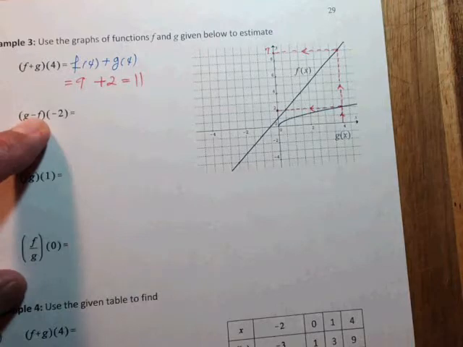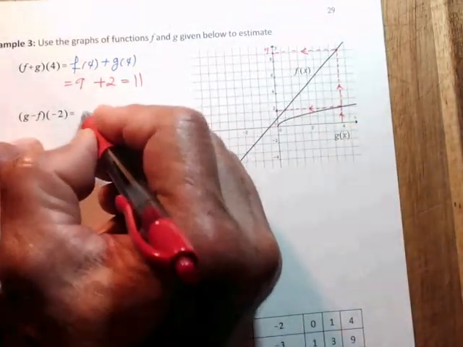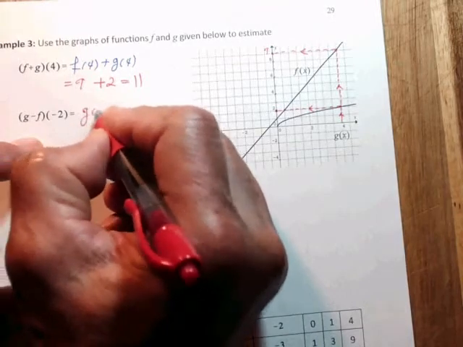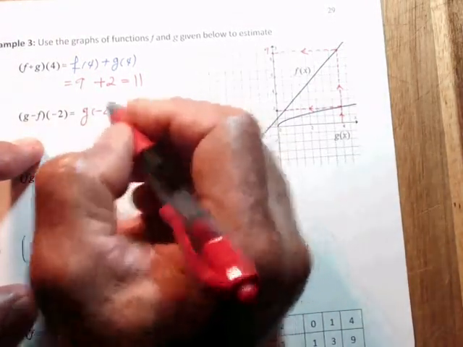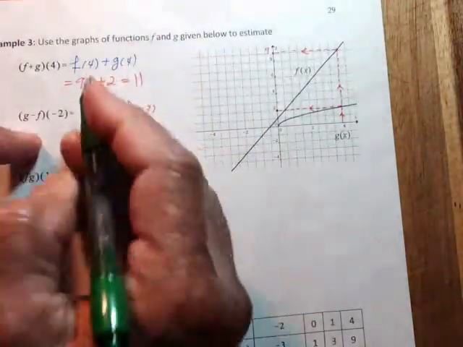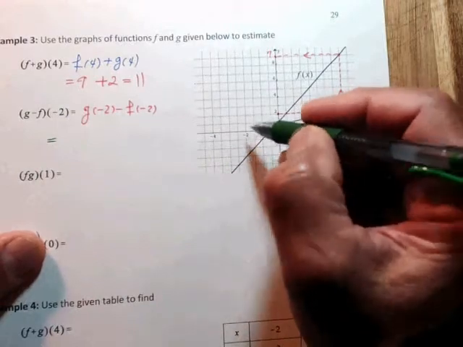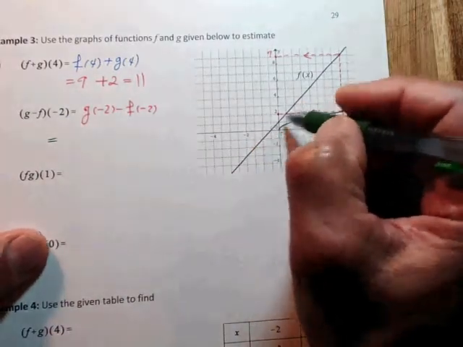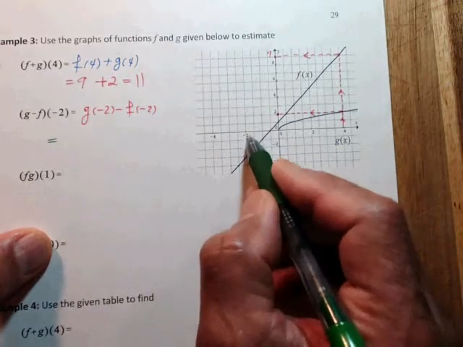G minus f at -2. Here's -2. So I rewrite it: this is g of -2 minus f of -2. And this is equal to g of -2. You see, g is not defined here.